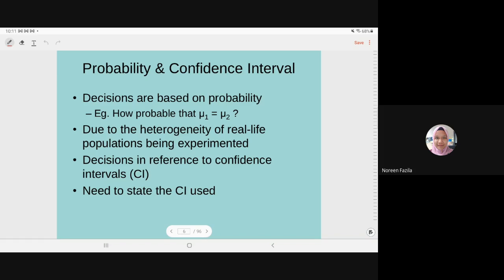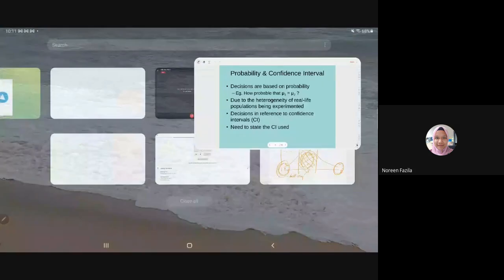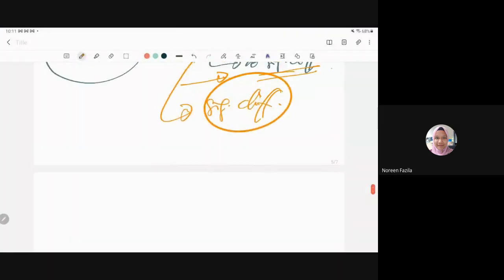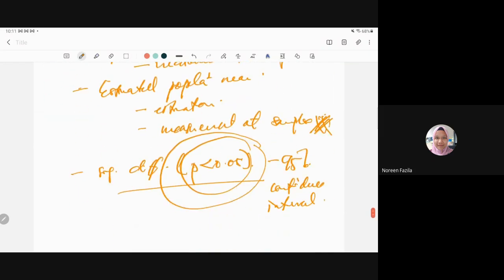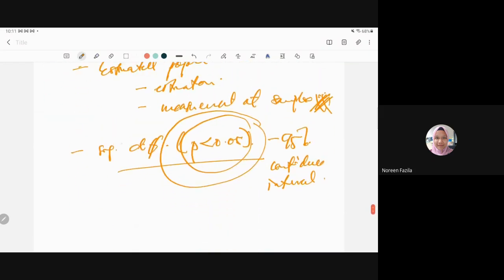How much confidence interval do we want? If we want it to be 99%, we have to state that we are using a 99% confidence interval. So coming back to what we discussed just now, when we make a claim, when we say that it is significantly different, this is a claim.